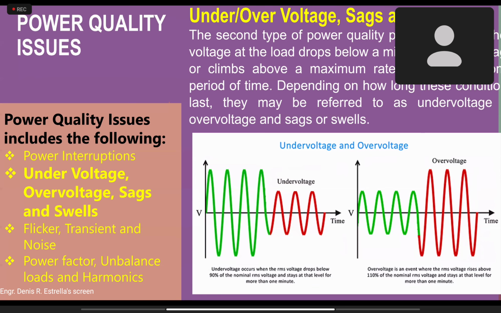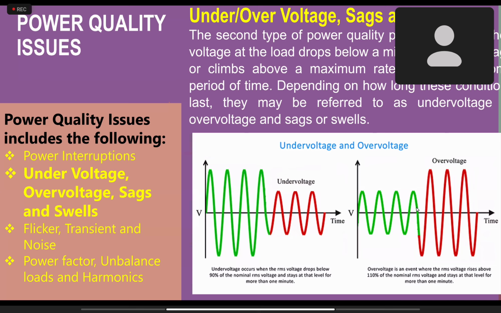So we have here a diagram illustrating how this different system voltage variation affects the system. Ito halimbawa sa kabila sa under voltage, so bigla nang bababa siya for a certain period of time for a voltage value below 90% of the nominal rated value. So if it is 90%, under voltage na yan.